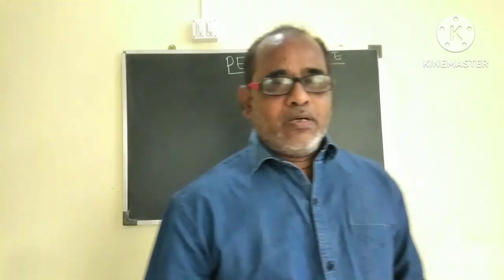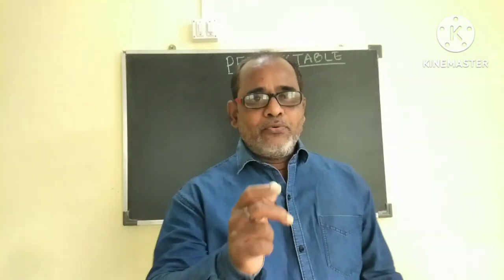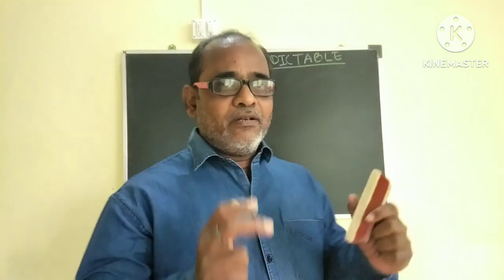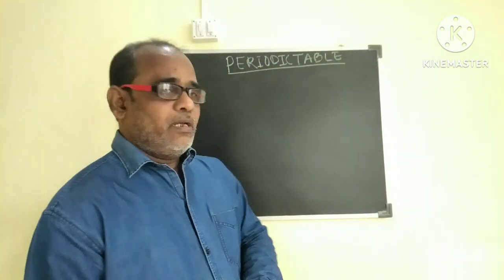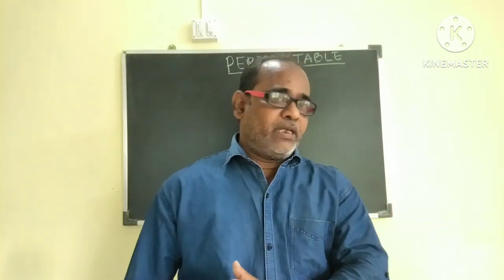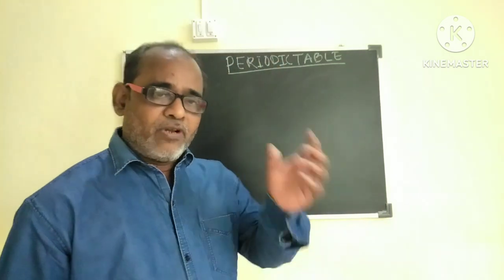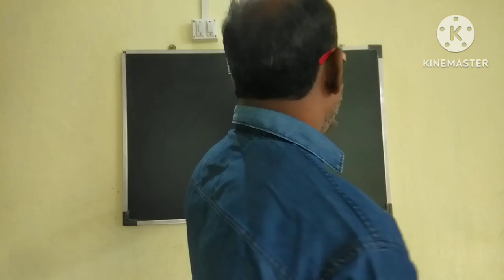I, Arun Kumar, have come in front of you to make chemistry easier. The examinations are knocking at the door, and you might have prepared well with all the subjects. One of the subjects is chemistry, in which the very first chapter is the periodic table.